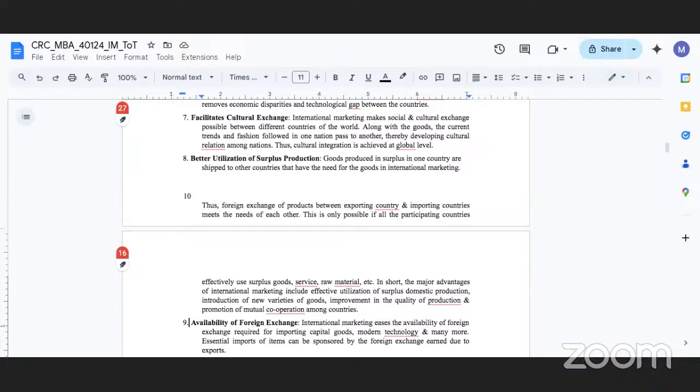So if I have extra goods, say I'm into the manufacturing of shirts, I have built an export house, and I don't have enough market locally. So I'm looking at one country. Now, if that country becomes competitive in terms of the different players available there, either from that own country, from my home country, or from a neighboring country, then what do I do? I need to start looking at a totally different, new market to sell that export surplus.